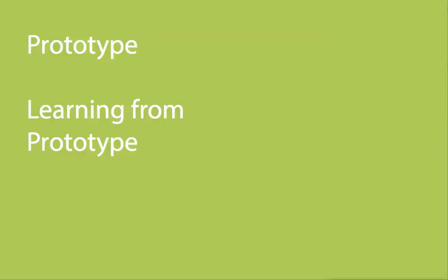Prototyping, learning from prototypes. From prototyping, I started off having a menu up on the top bar, and from user testing, I was able to eliminate this menu bar. I also had a bottom navigation bar, which navigated to each individual section of the app, and from prototyping I was able to eliminate this.